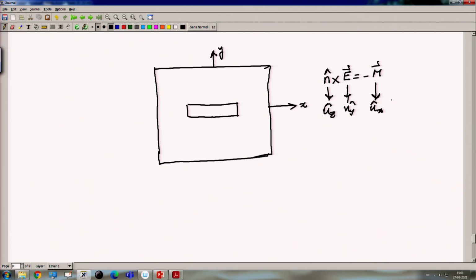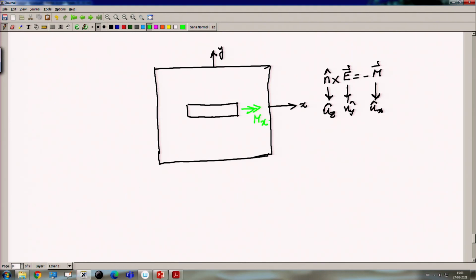So, therefore, M will be directed in this fashion. The equivalent magnetic current will be directed in this direction.